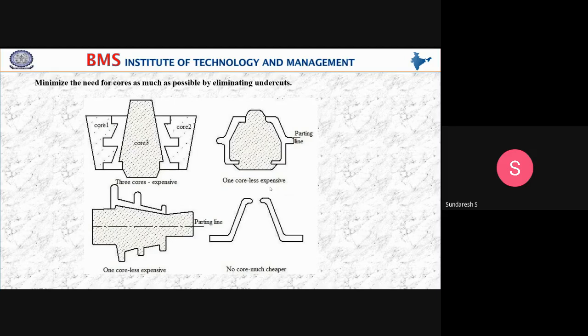This is how people get things done without cores. Minimize the need for cores as much as possible by eliminating undercuts. See, undercuts are there. Please minimize these undercuts. When you minimize undercuts, we can cast the component directly without using a core.